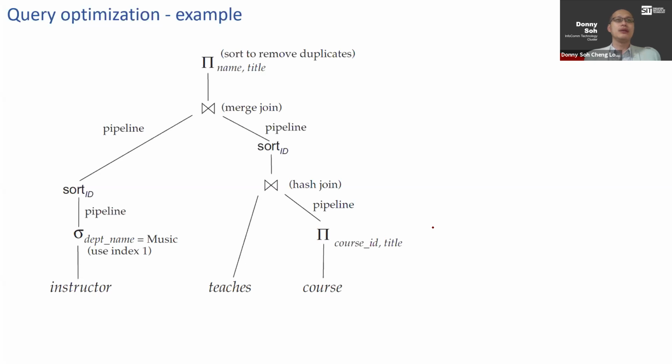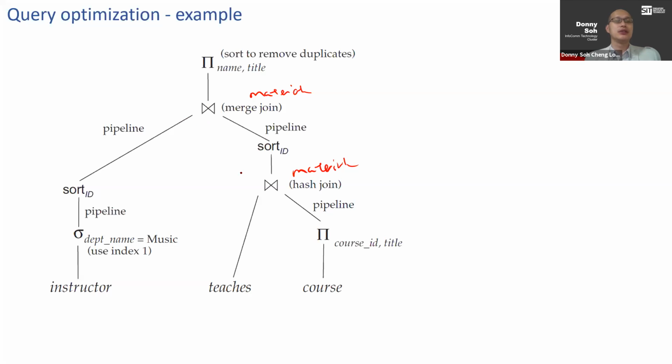Okay. So we may want to go one extra step to say that from here we can send this as a pipeline. This one maybe is a materialized join. We can send this to be like a pipeline. This can be another materialized join, another pipeline.